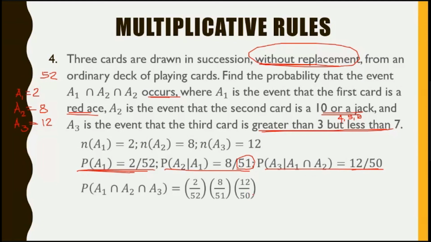Simplifying, that's 8 over 5525, which is approximately equal to 0.00145, which means that getting a red ace in the first draw, a 10 or jack in the second draw, and a 4, 5, or 6 in the third draw has just 0.14% probability. So that is how we use the previous definition.